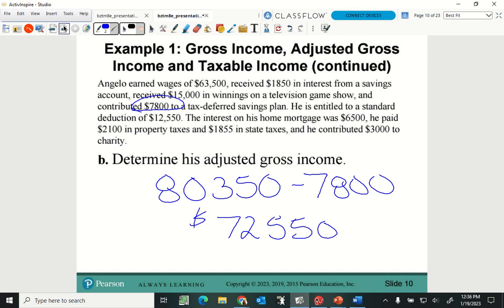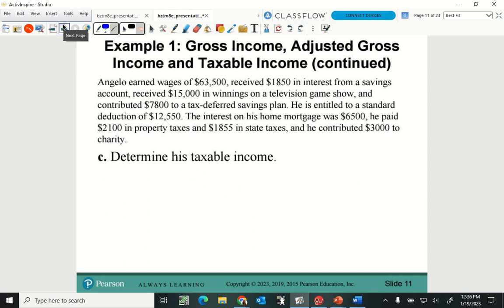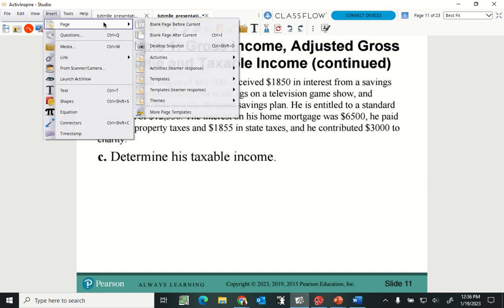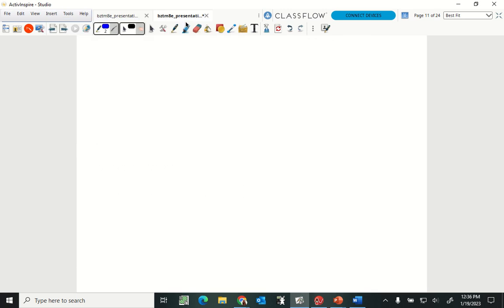Where are we at? Determine his taxable income. But before we do that, off to the side, we're going to have to do this first. Let's go before.